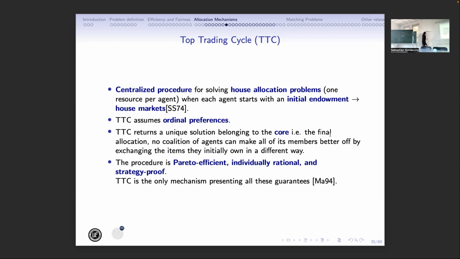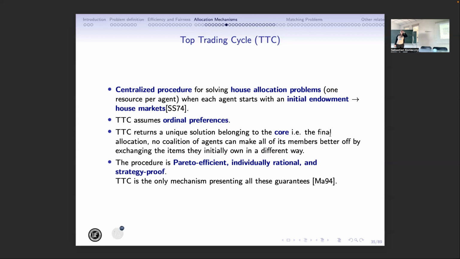So we have the guarantee to obtain a Pareto efficient solution, and it is also individually rational and strategy proof. The agents don't have an incentive to manipulate, to misreport their preferences. And for individual rationality, you will see that when the agents move to another house, they always move rationally.